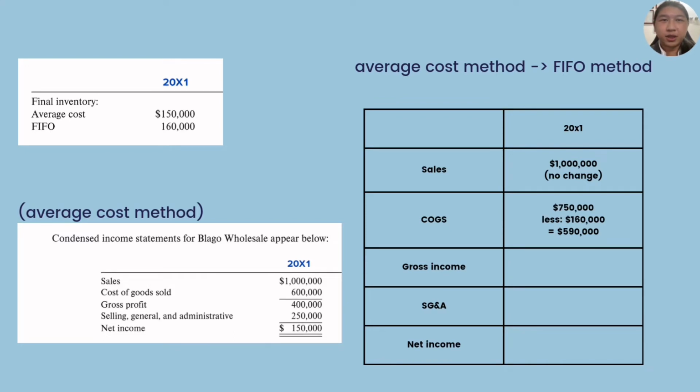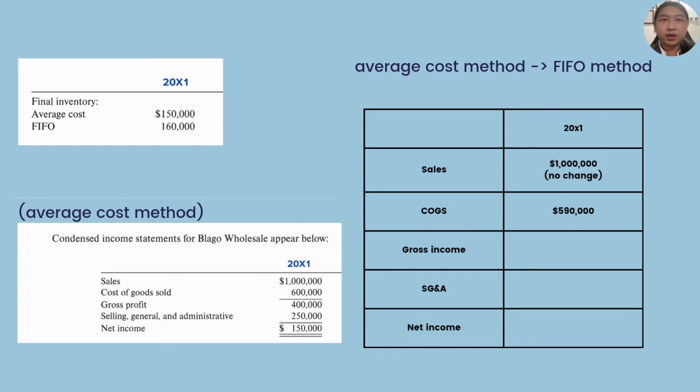Now, if we subtract the ending inventory using FIFO method, this will give us $750,000 minus $160,000, which equals $590,000. This is our cost of goods sold using FIFO method.